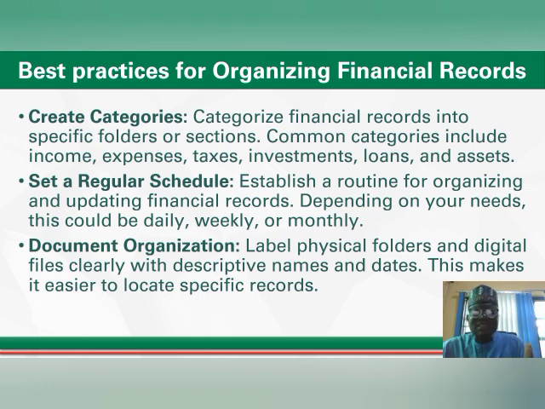Create categories. Like it was mentioned earlier, categorize financial records into specific folders or sections. Even this categorization can be done physically or electronically. Common categories include income, expenses, taxes, investment, loan, and assets. Set a regular schedule. Establish a routine for organizing and updating financial records. Of course, you may not be doing it on a daily basis.